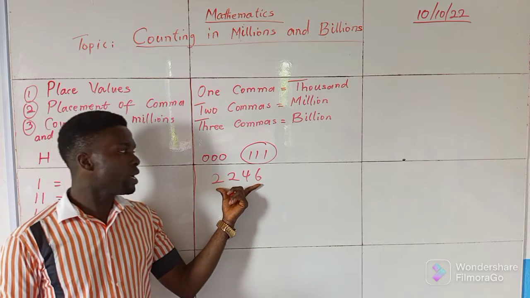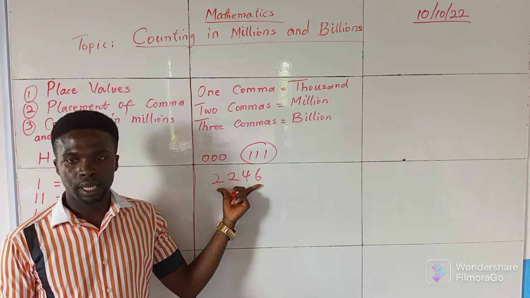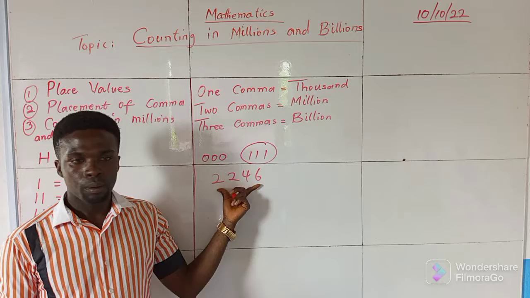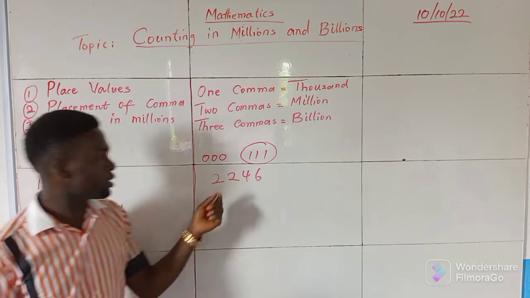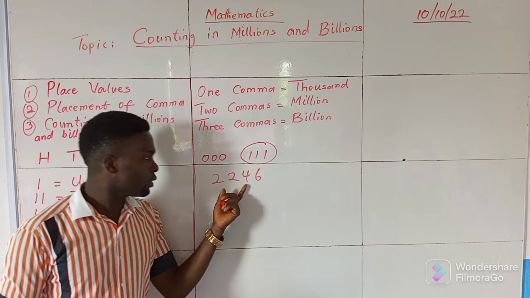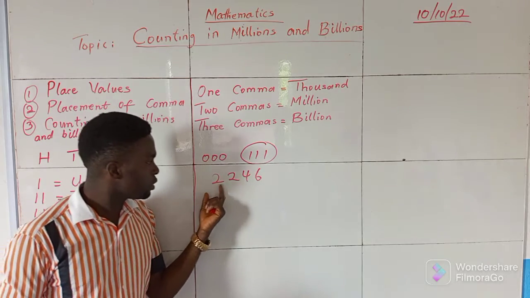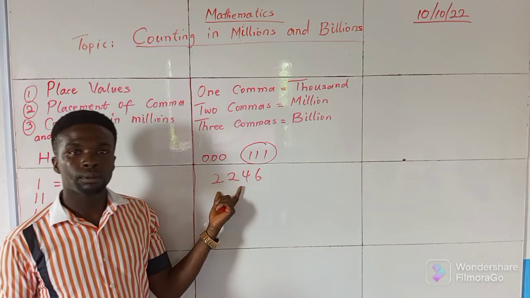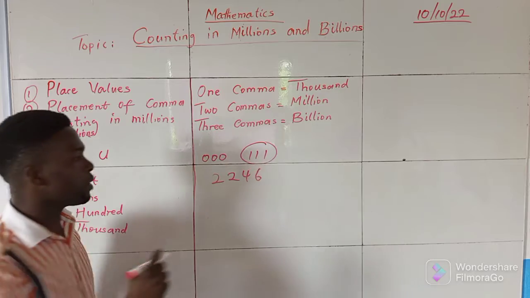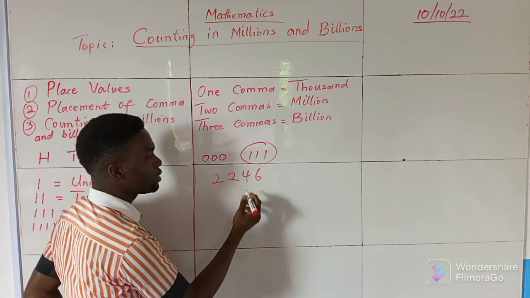Now, you may not know how to call this number, because you can decide to say this is 200, or no, this is 22,000. But with the help of the comma, you are going to be directed. Let's do it.